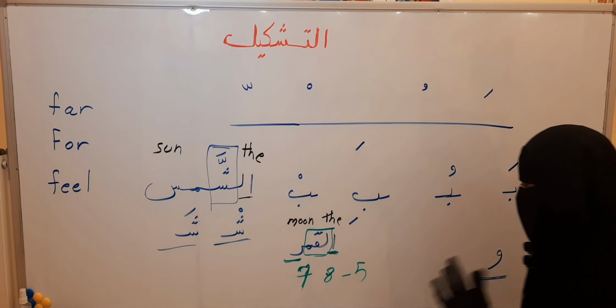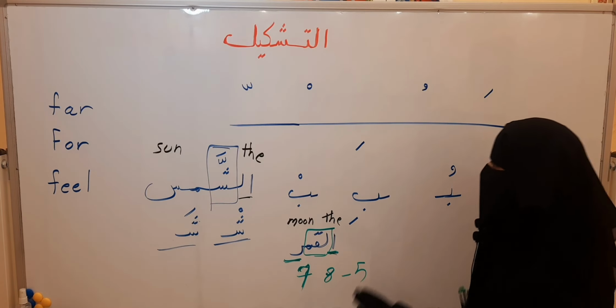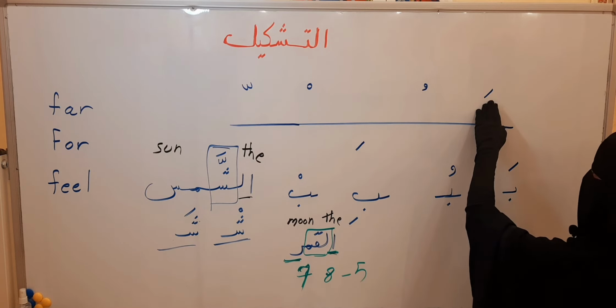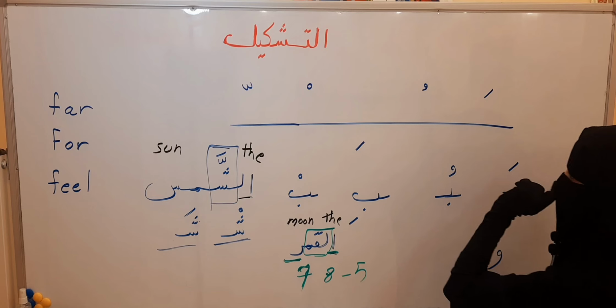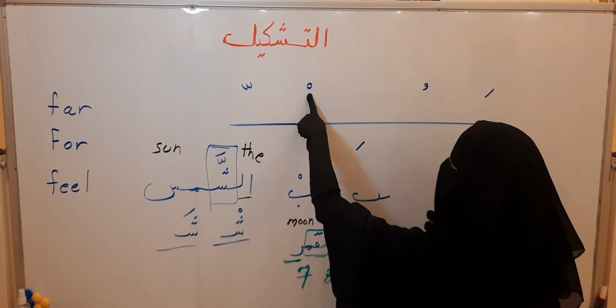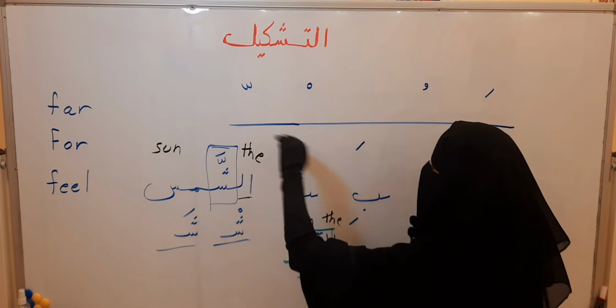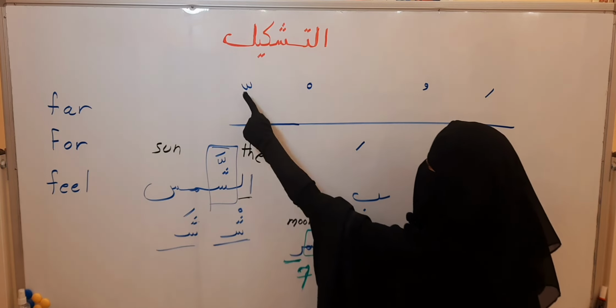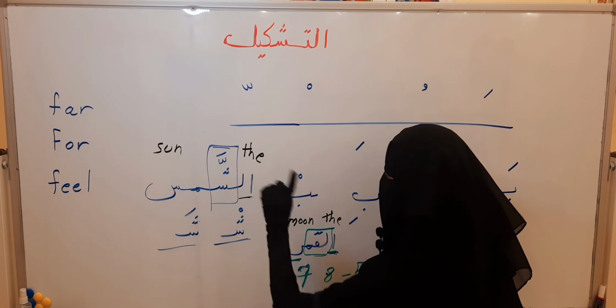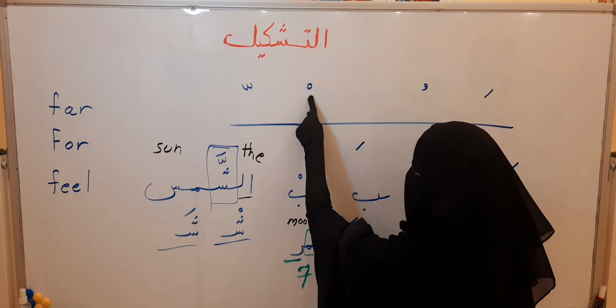Now I want just to tell you the last review. A, fatha. U, dhamma. I, kasra. Sukun, consonant, we don't pronounce anything. Shadda means two letters together. The first one has sukun.